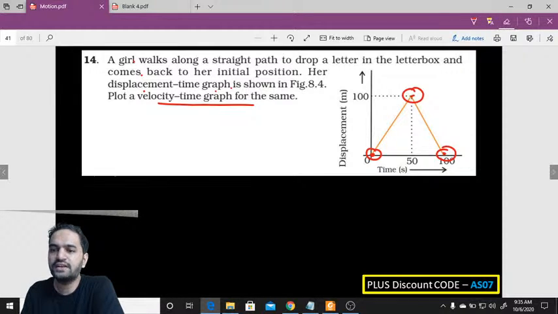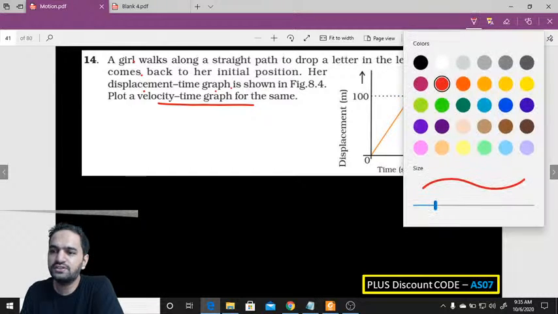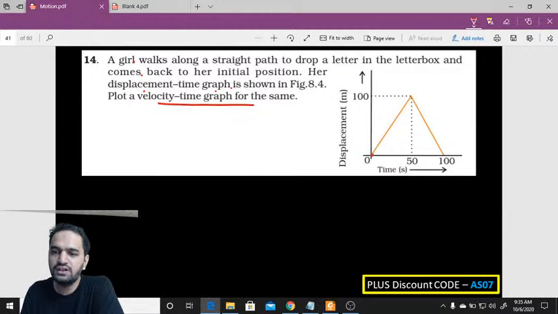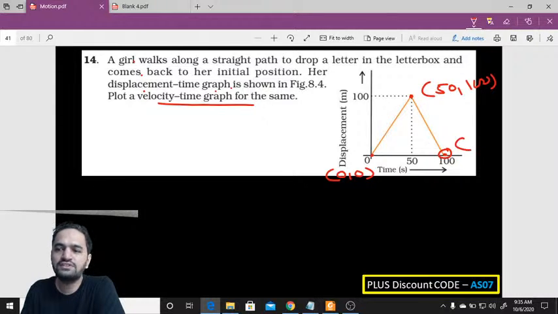That is not that hard. Let us talk about it. Select your points. So this is your first point, the value is 0, 0. Your second point is 50, 100. The third one is 100, 0.